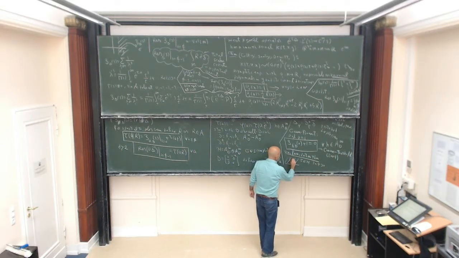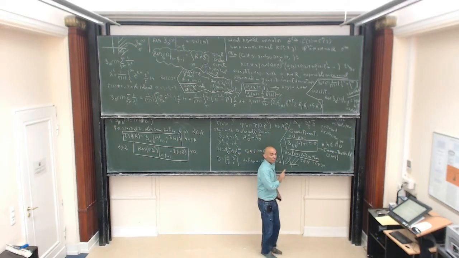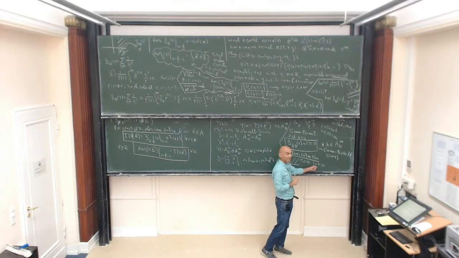So every point that you take here gives you a complex structure on the torus and gives you an elliptic curve.